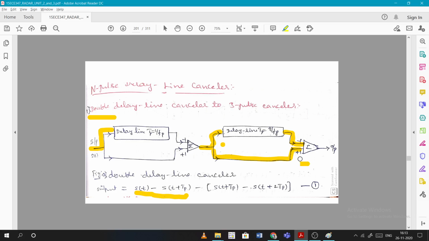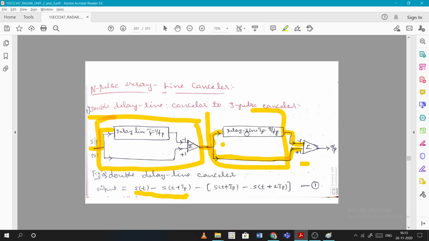This entire output of the first stage is subtracted from the output of the second block. So here, after applying the delay tp, the value is s of t plus tp minus s of t plus 2tp.